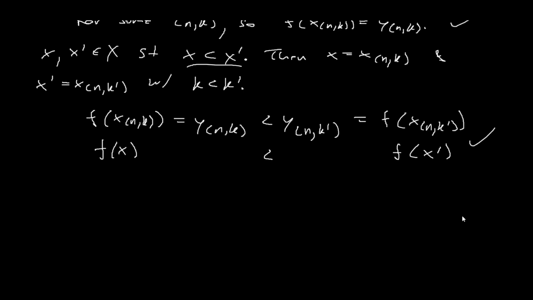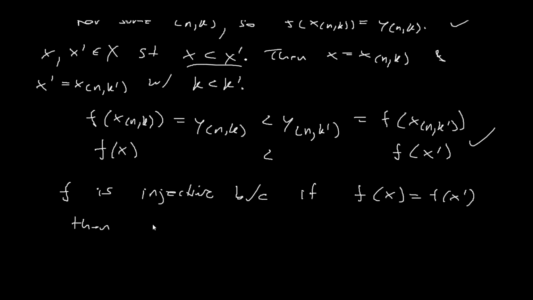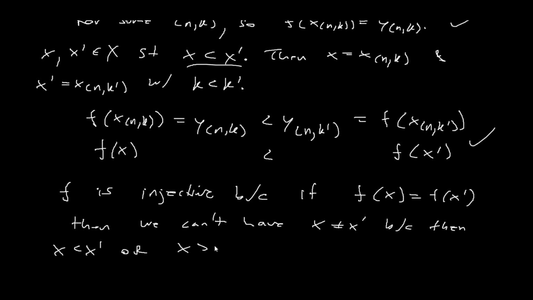And finally, this is enough to demonstrate that f is injective, because if, let's say, f of x equals f of x prime, then we can't have x not equal to x prime, because then x would be less than x prime, or x would be greater than x prime, in which case that would imply that f of x is less than f of x prime, or vice versa, which means x has to equal x prime, demonstrating that f is injective.